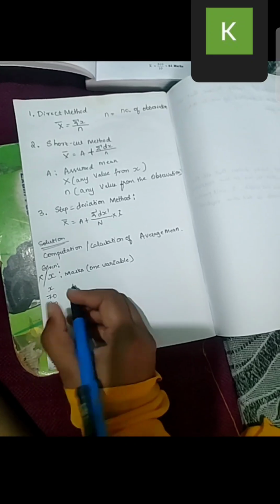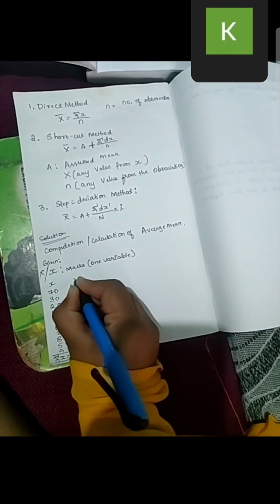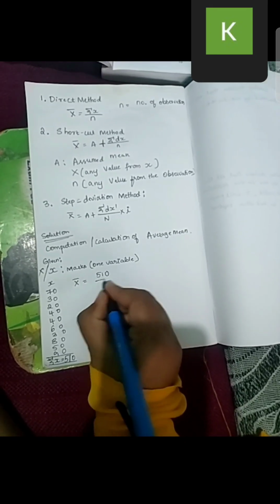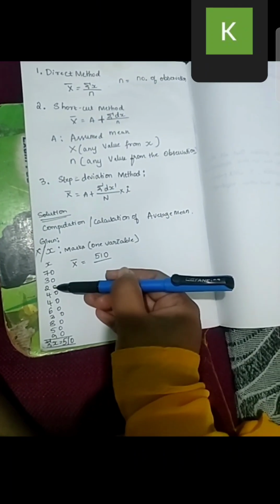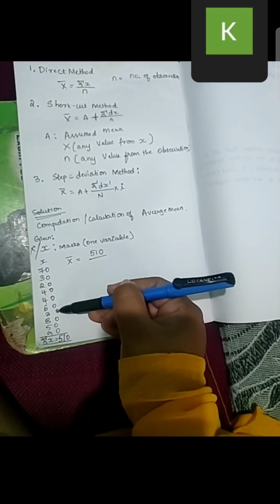Now x bar is equal to 510 divided by n, we have to count. N stands for number of observations. Observations: 1, 2, 3, 4, 5, 6, 7, 8, 9, 10.